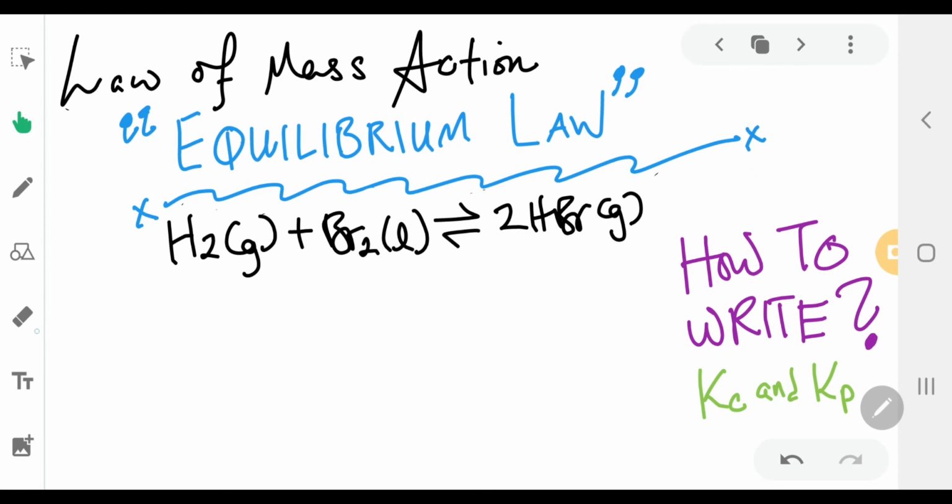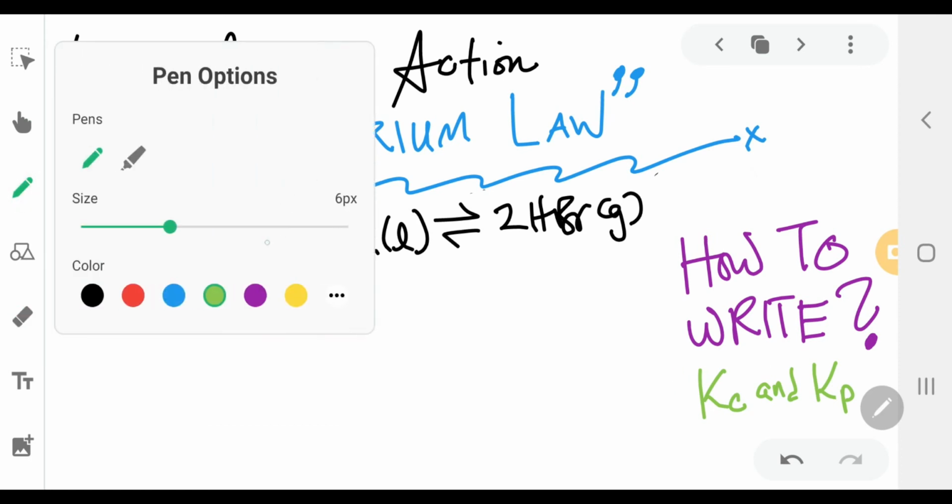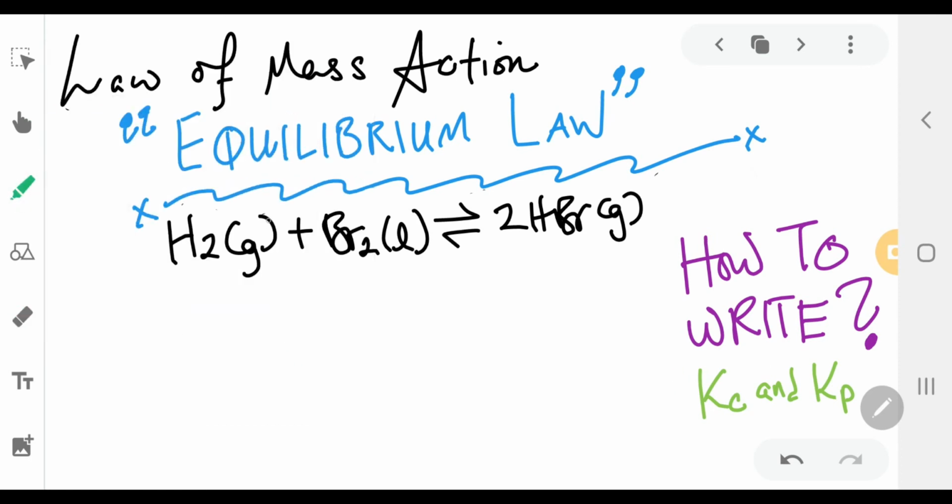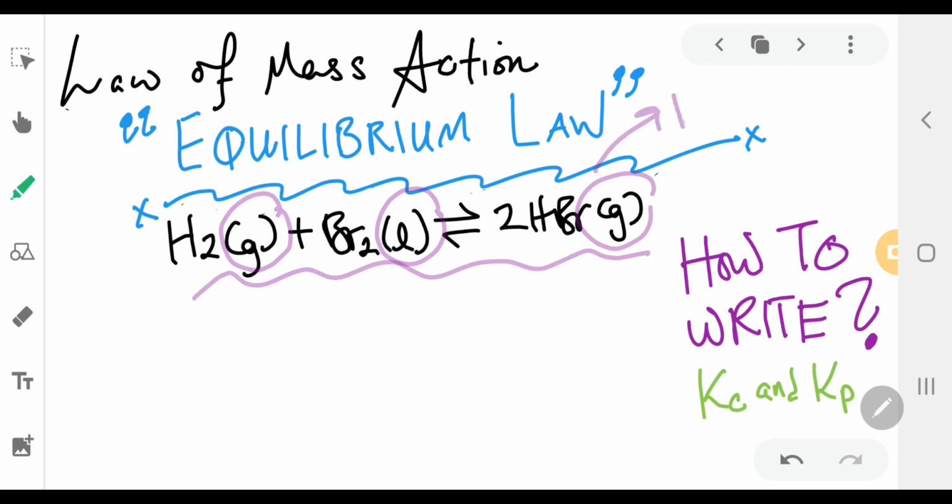Okay, let's try another one over here. We have gas, liquid, and gas. So this is a heterogeneous equilibrium. So how do you write this?